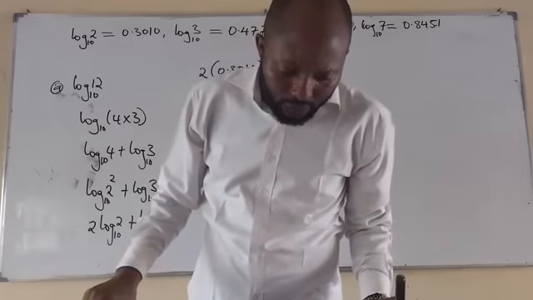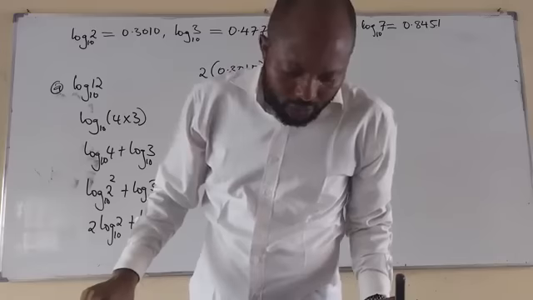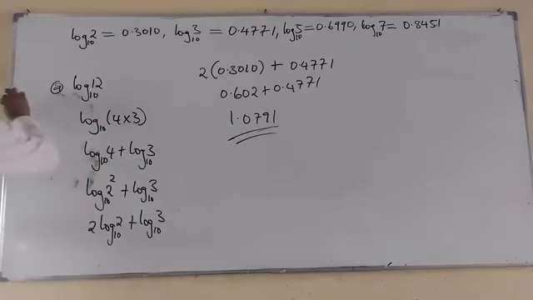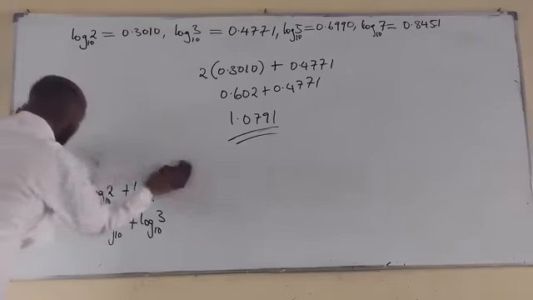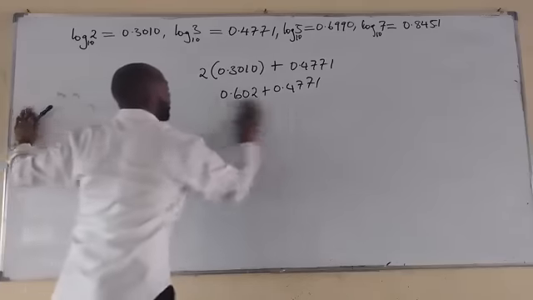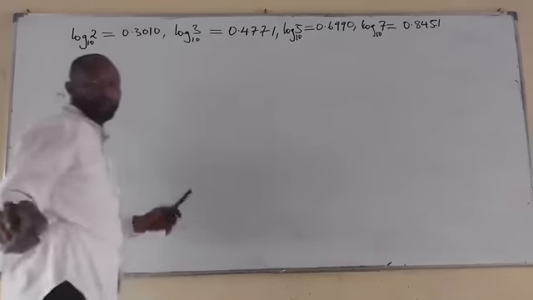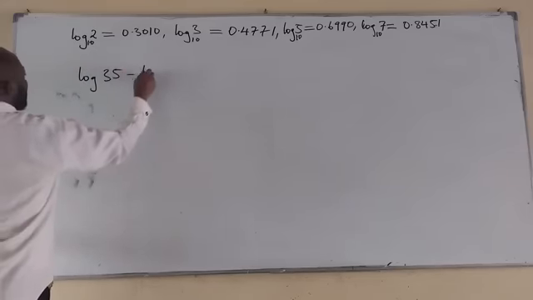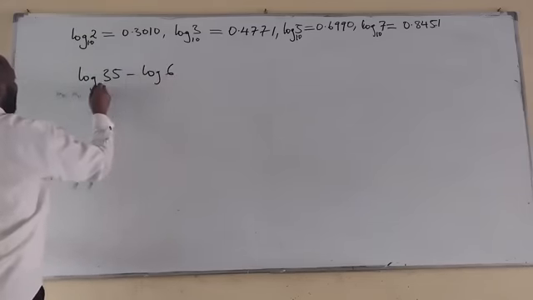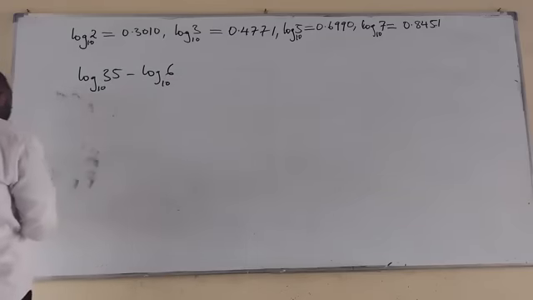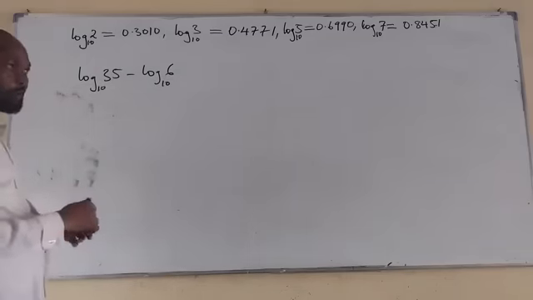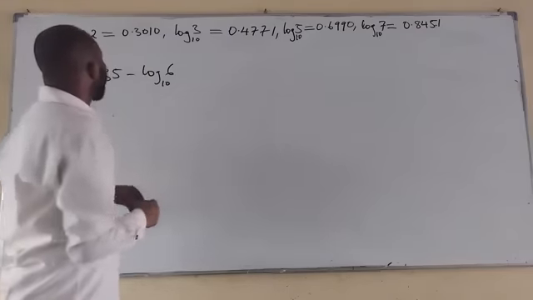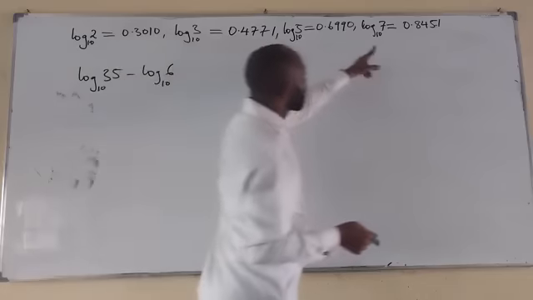Now, the next one is log 35 minus log 6 in base 10. 35 is the same thing as 5 times 7, so I have 5 and 7 that give me 35.